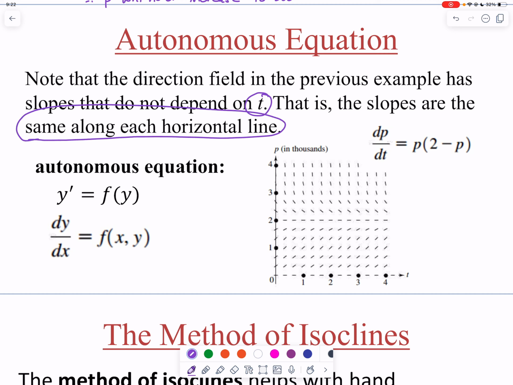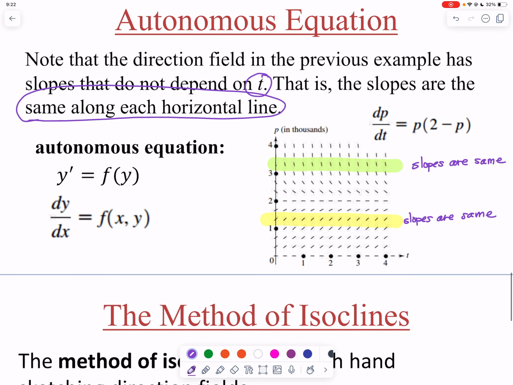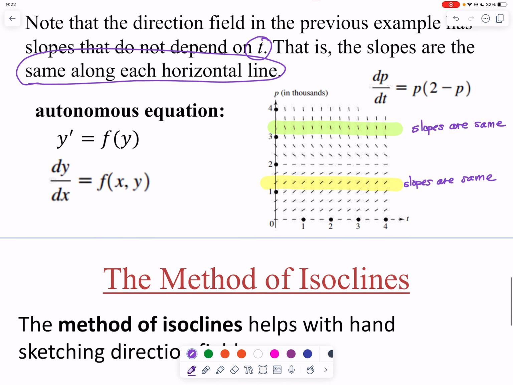So as you can see here, along this horizontal line there, and along this horizontal line there, all the slopes are the same.